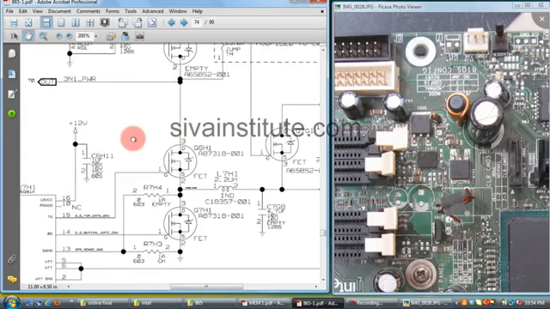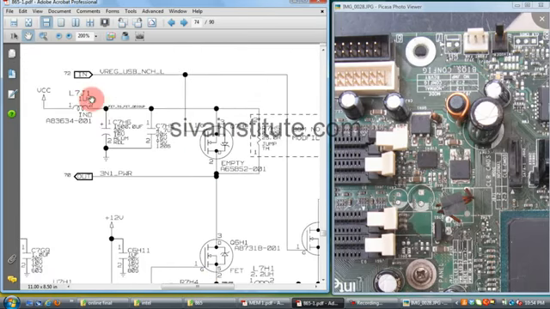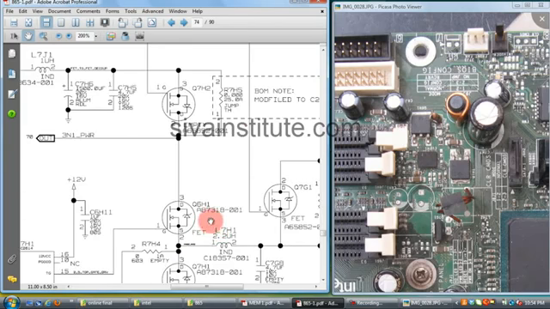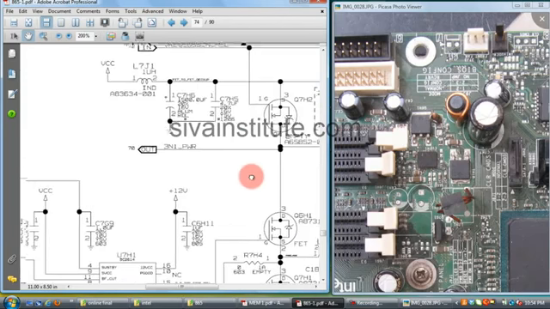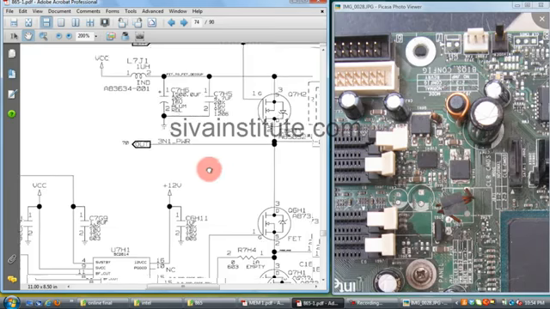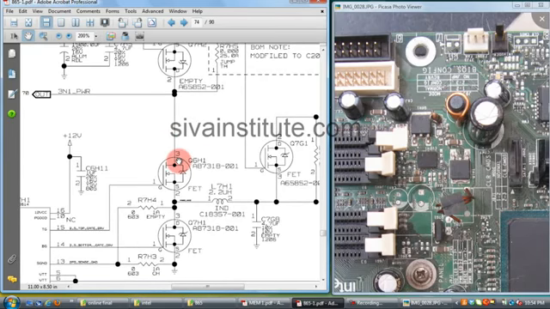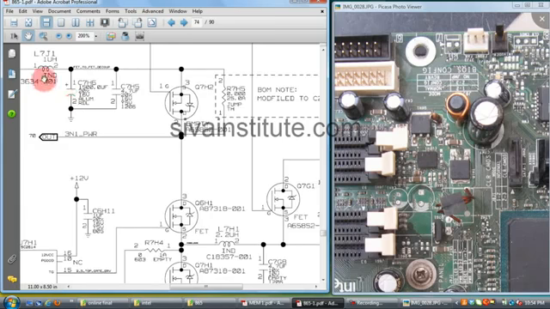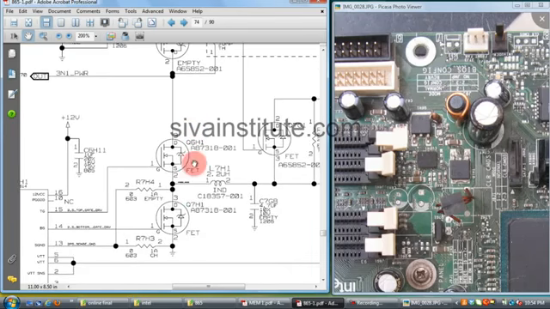When you give voltage to this gate, the voltage comes from this L7J1 coil to Q6H1. The 5 volt supply comes to this FET, pin number 3. The 5 volts supply comes through this resistor to this Q6H1.